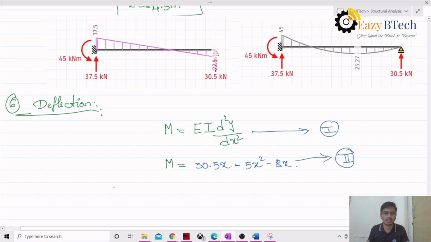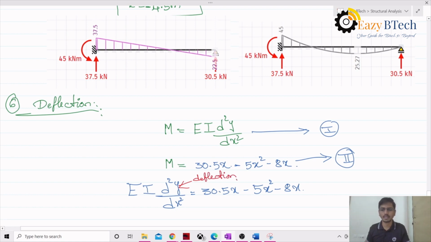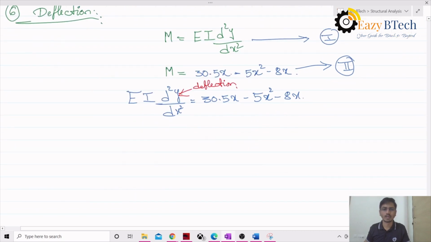So EI d square y by dx square equals 30.5x minus 5x square by 2 minus 8x. Here y is nothing but the deflection, and I am interested in finding the deflection. That is why I equated it. I will name this as equation 3.